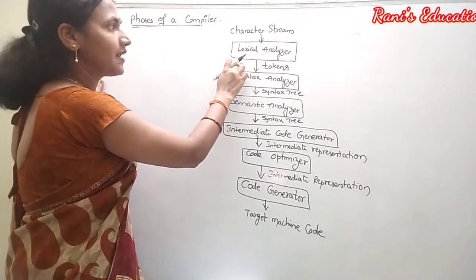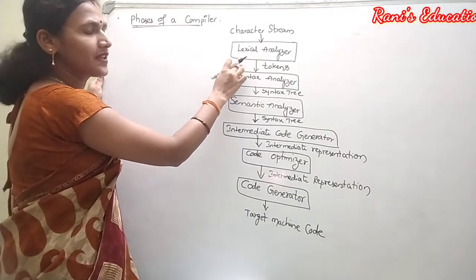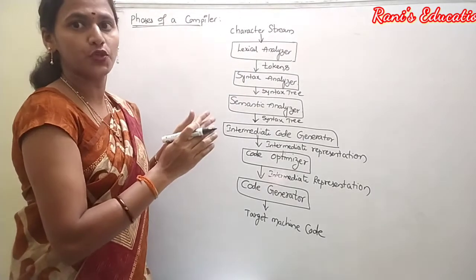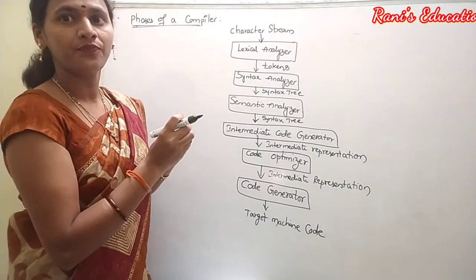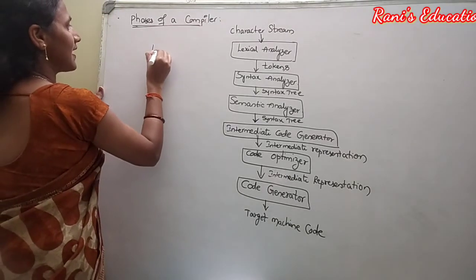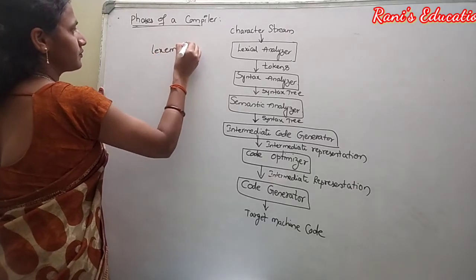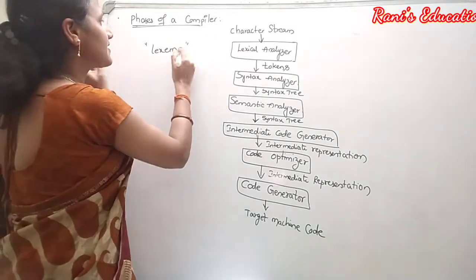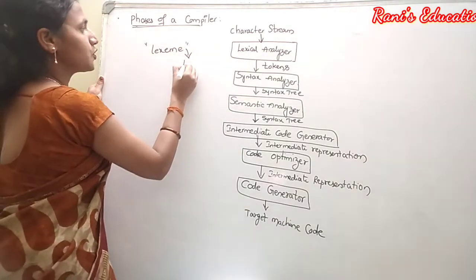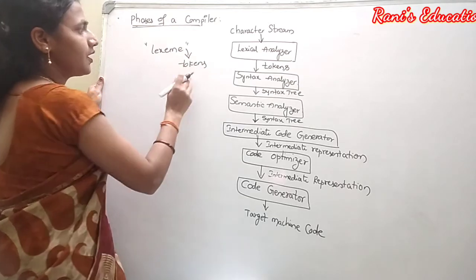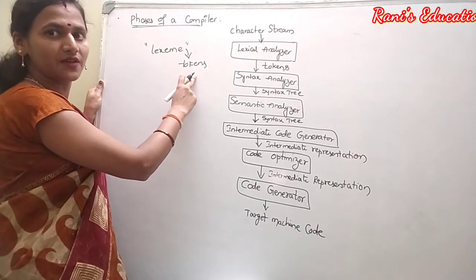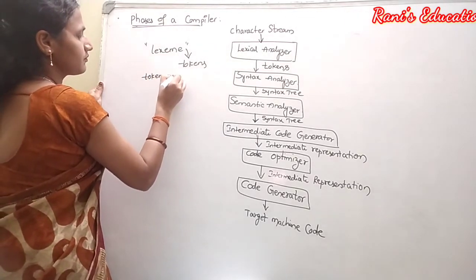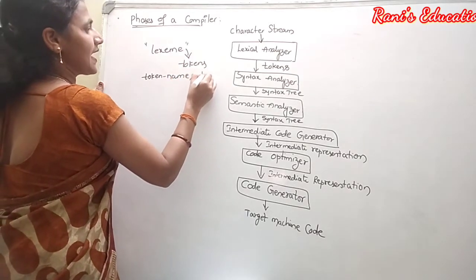In the lexical analyzer, we consider the input as a stream of characters. Those characters are grouped together, giving a meaningful sequence, which is called a lexeme. This is the input for the lexical analyzer, which will generate the output as tokens. Tokens are represented in the form of a pair: the token name, followed by the attribute value.